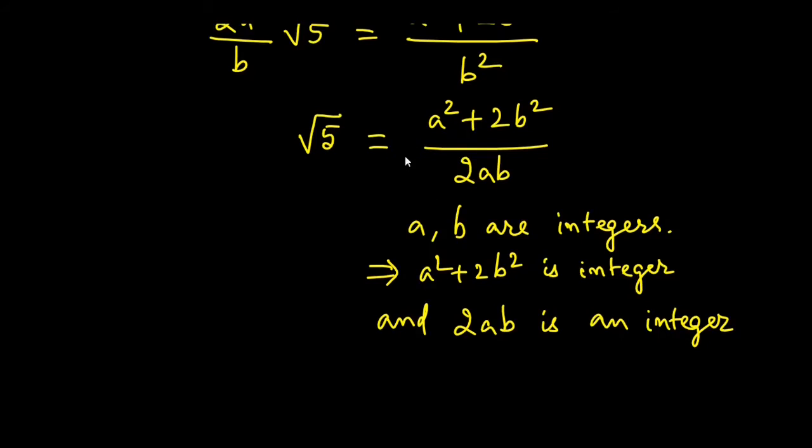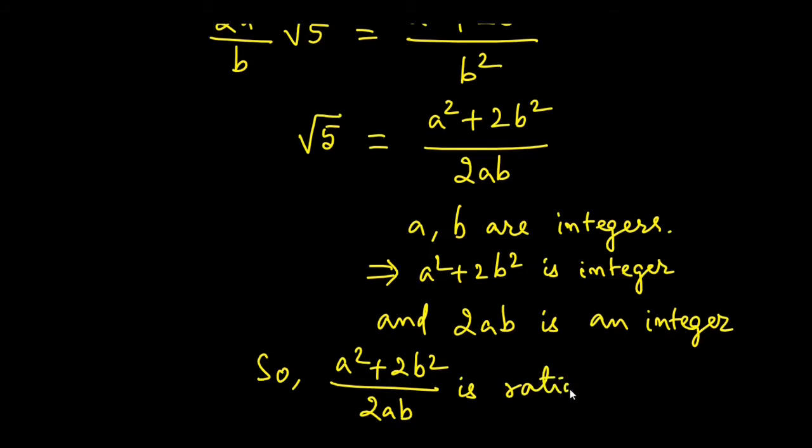This one is an integer by integer. So a square plus 2b square by 2ab is a rational number. Now, as a square plus 2b square by 2ab is rational, root 5 should become rational.